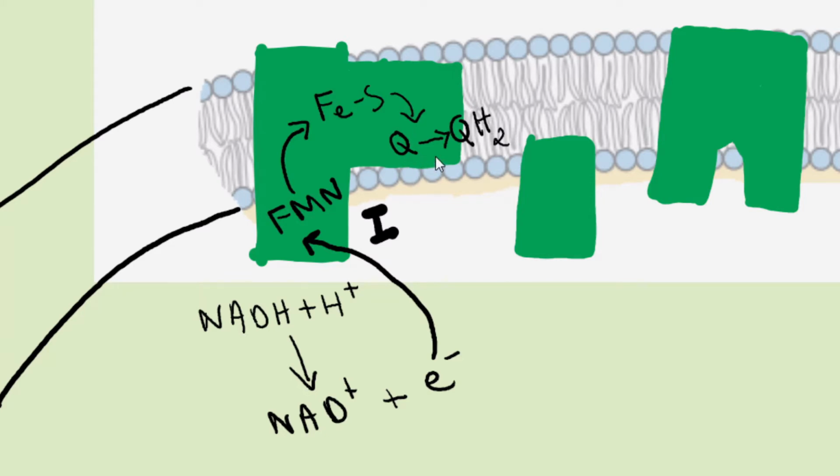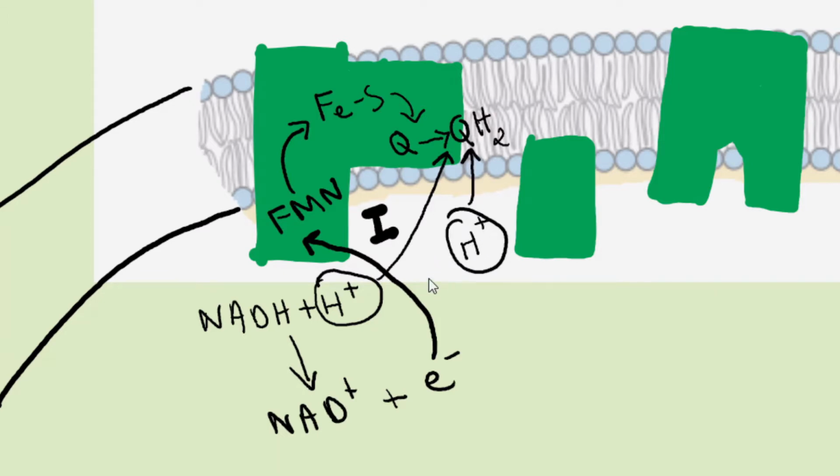Q will be reduced into QH2 after accepting those electrons and also absorbing a hydride ion coming from the oxidation of NADH and a proton that is found within the matrix.